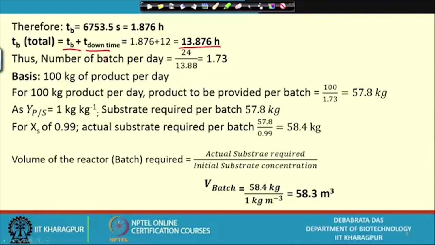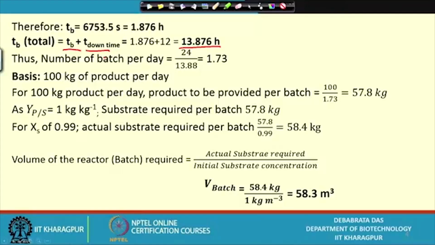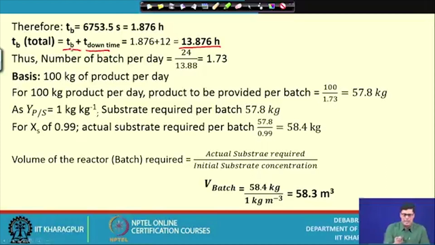Downtime includes the time required to take out the material after the reaction is over, and then you clean the vessel and also refill the vessel. This downtime we consider as idle time, because during that time no reaction takes place. So when you try to find out the volume of the reactor, we shall have to add this downtime to the batch time.